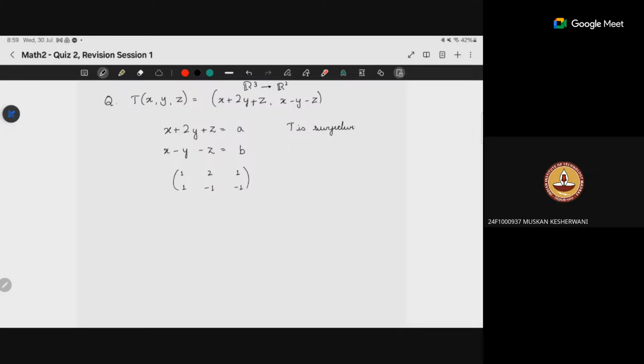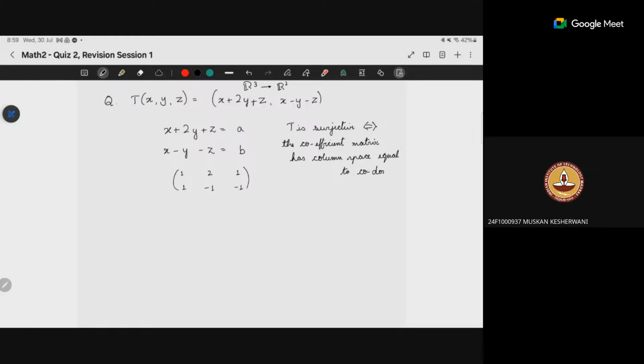T is surjective if and only if the coefficient matrix here has column space equal to the codomain.